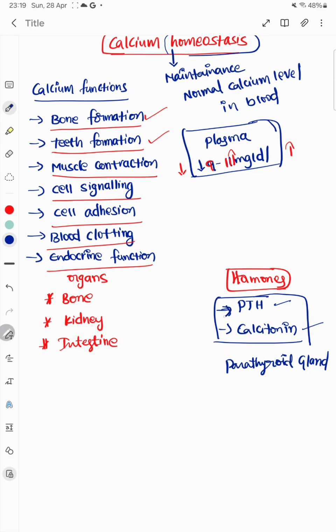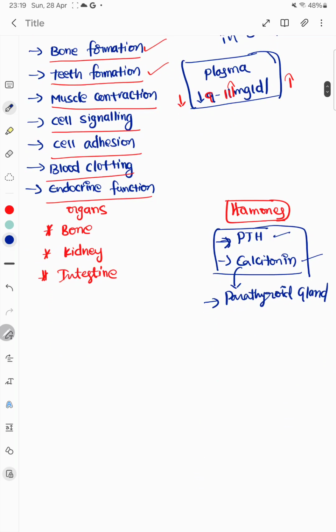Remember, parathyroid hormone is from the parathyroid gland, and calcitonin is also from the parathyroid gland, but there is a little difference between these 2 hormones. Parathyroid hormone will be produced by the chief cells of the parathyroid gland, and the calcitonin hormone will be secreted by the parafollicular cells of the parathyroid gland.